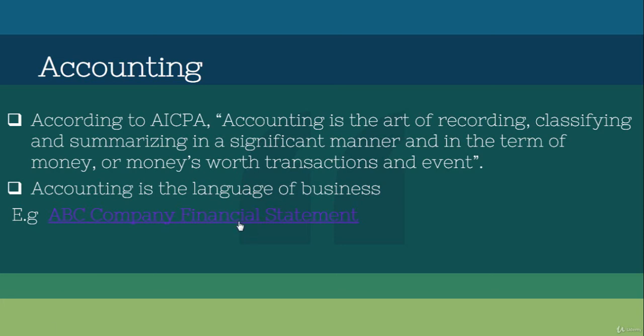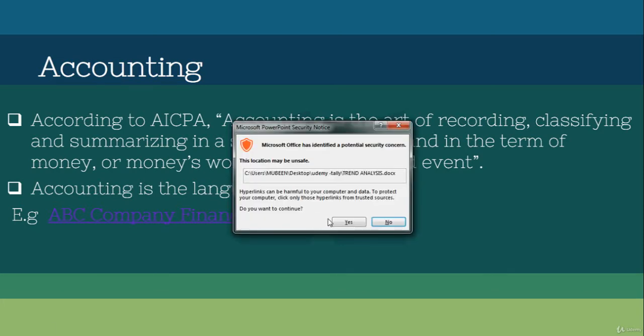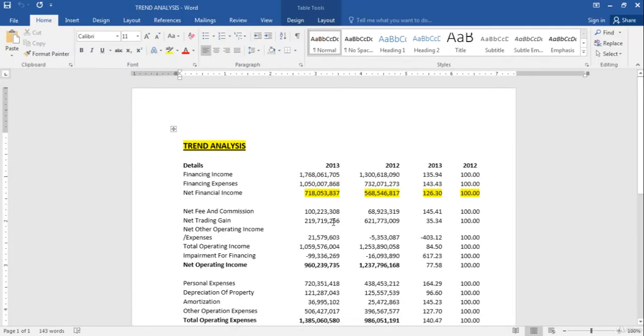For example, I'm going to click this one. You can see the financial statement, the income statement of one company. Here is 2012.